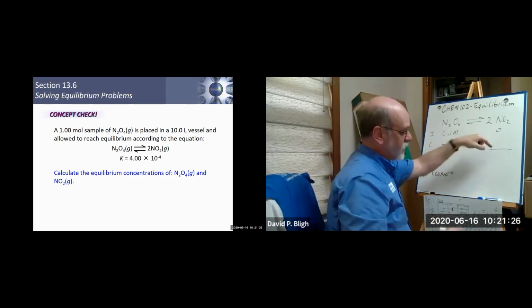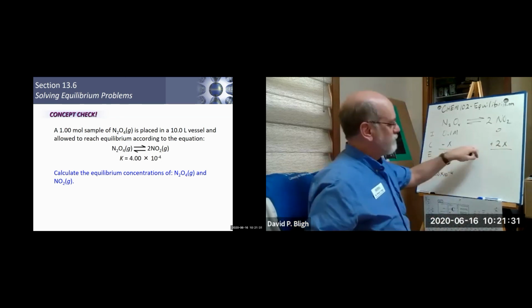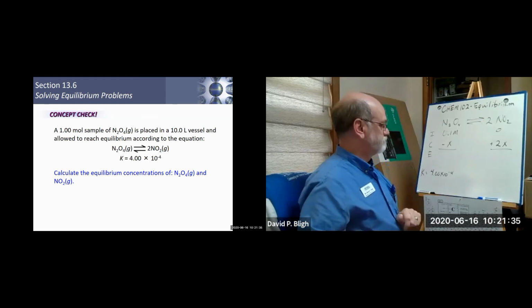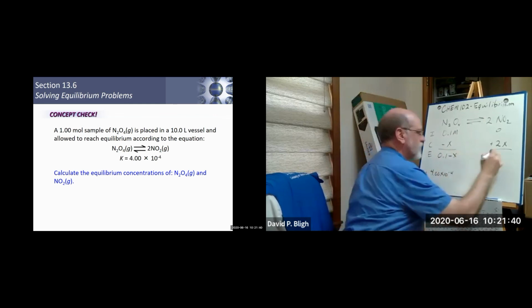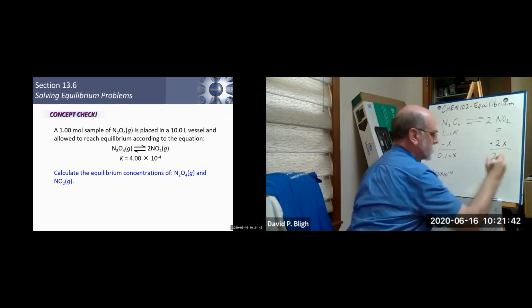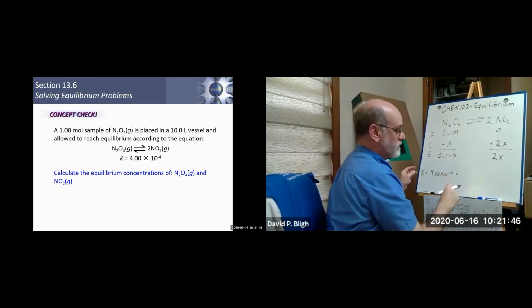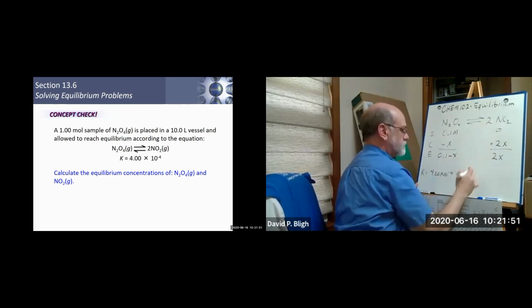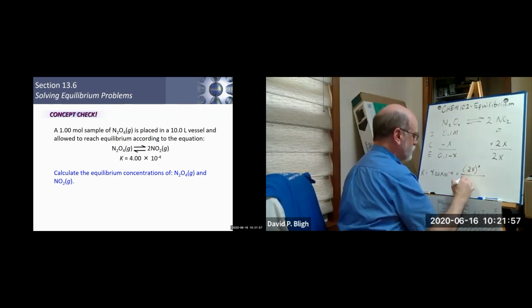And what are we going to make over here? We're going to make twice that much as nitrogen dioxide. So the equilibrium is 0.1 minus X and 2X. And then we can plug those into our equation. So this one's going to be squared, right, because of that. And this one's going to be to the first power.